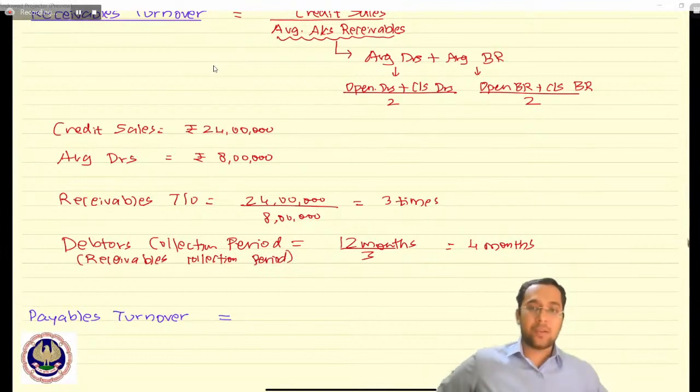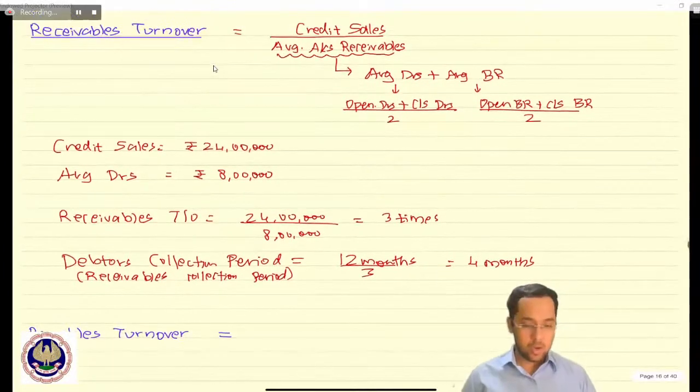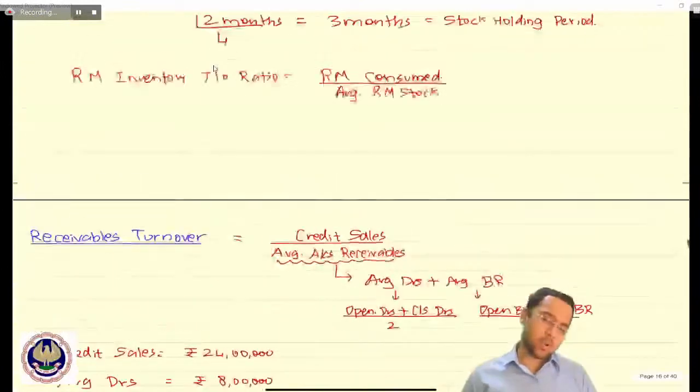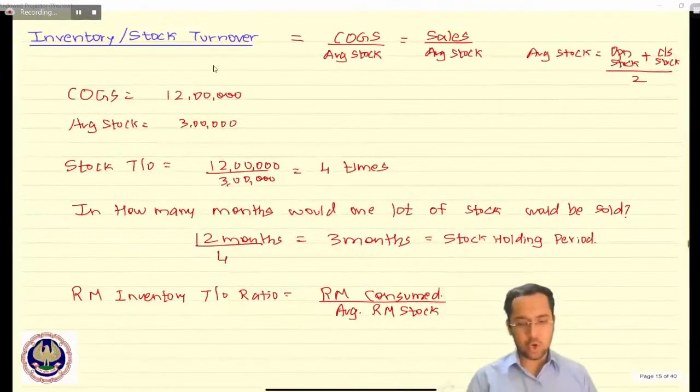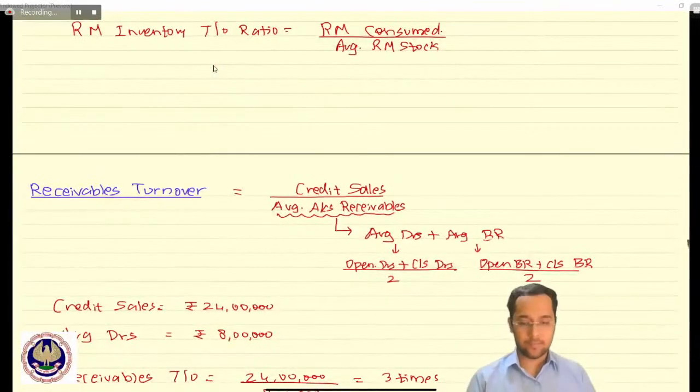Okay, fine. So that was about receivables turnover. Now, if you ask me, sir, which company is better, the one having a stock turnover or maybe receivables turnover higher or lower?